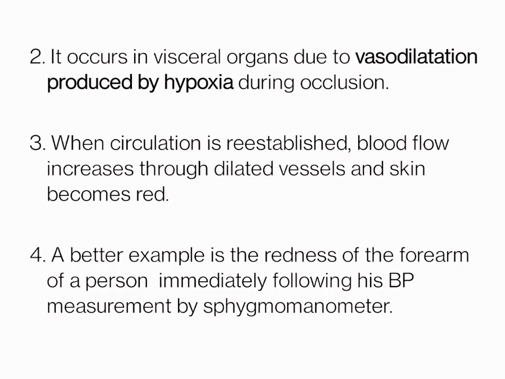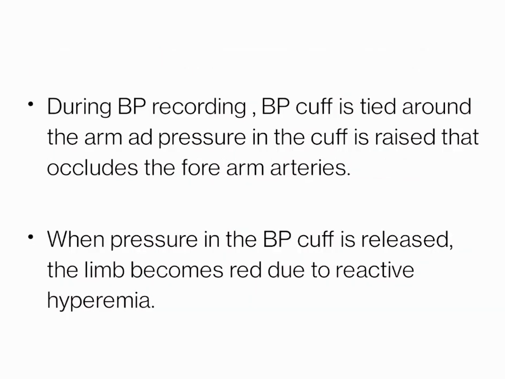A better example in our day-to-day life is the redness of the forearm of a person immediately following BP measurement by the sphygmomanometer. How could it be? During blood pressure recording, the BP cuff is tied around the arm of the person and the pressure in the cuff is raised to occlude the brachial artery and other arteries.